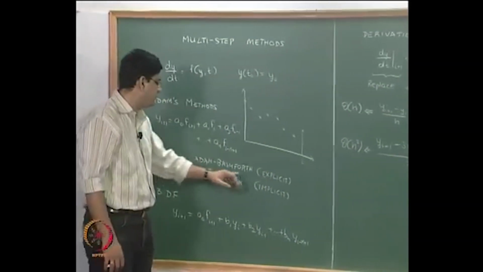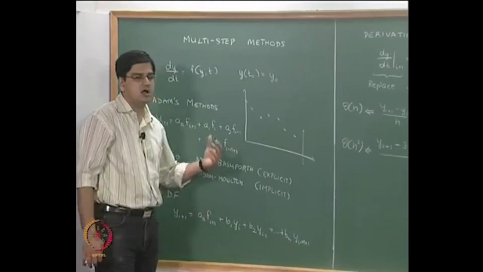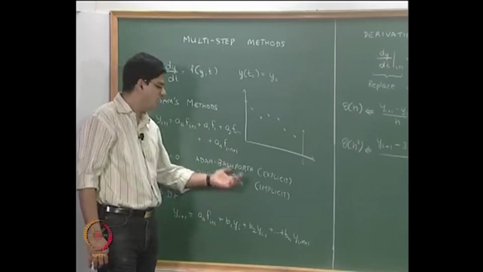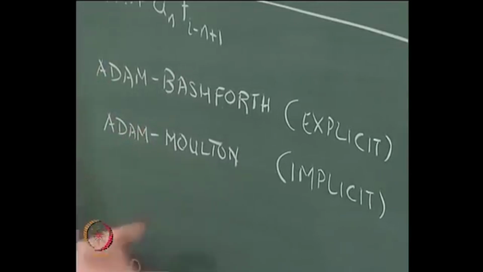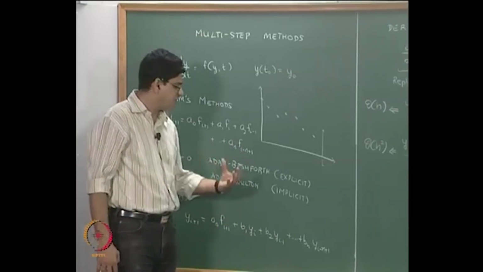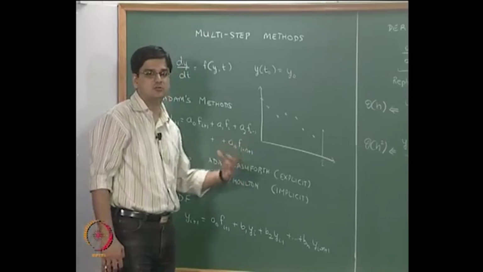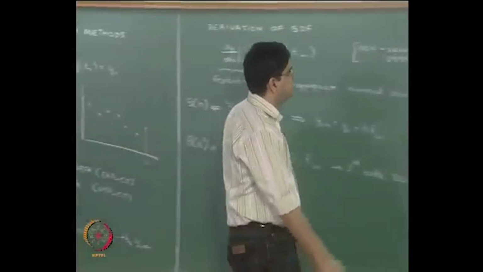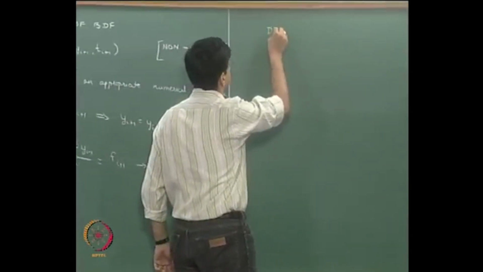We will just derive the Adams-Bashforth method, just one derivation would be enough, and I will just talk about the Adams-Moulton method, and we will then talk about this range of techniques called Adams-Bashforth-Moulton methods of solving these equations. Okay. So derivation for Adams-Bashforth.